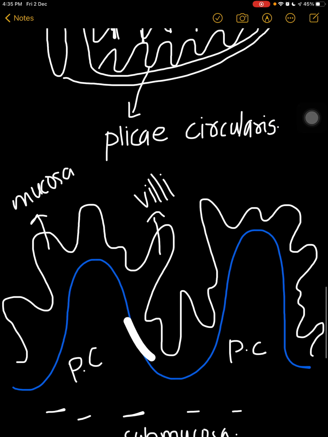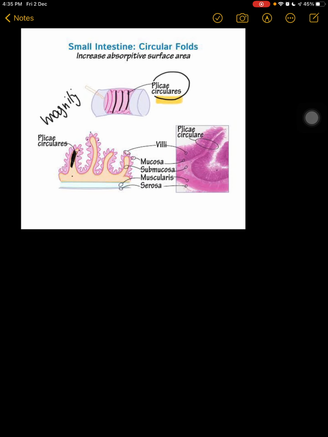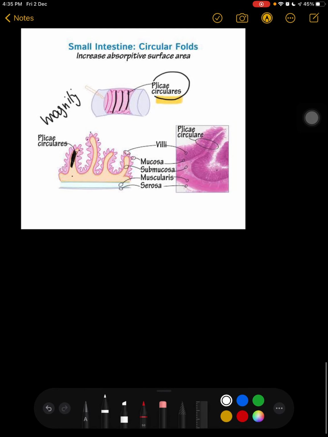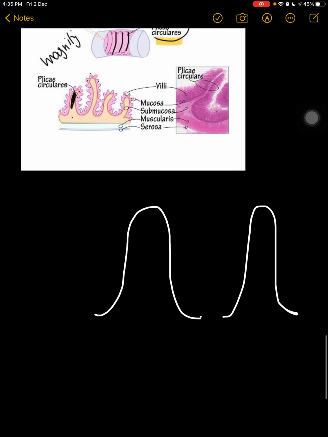Now if the plicae circulares is clear to you, let's talk about the structure of villi. Only the structure of villi. So what is this? Basically this is villi.